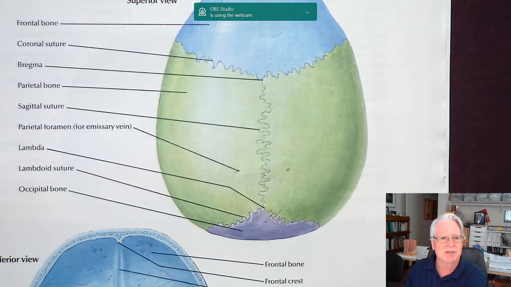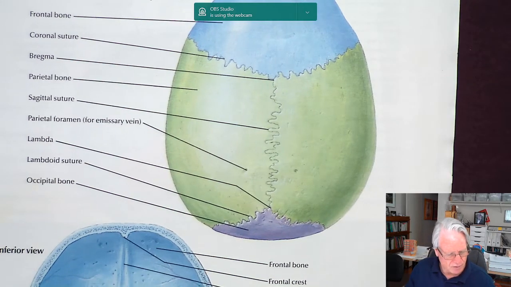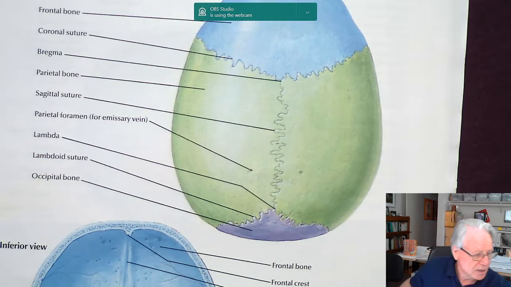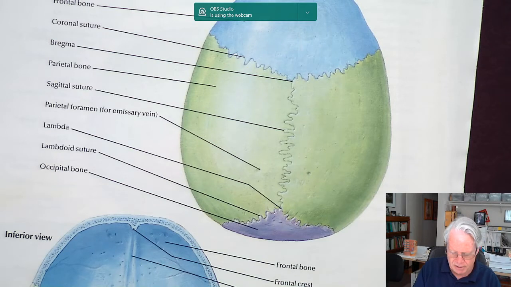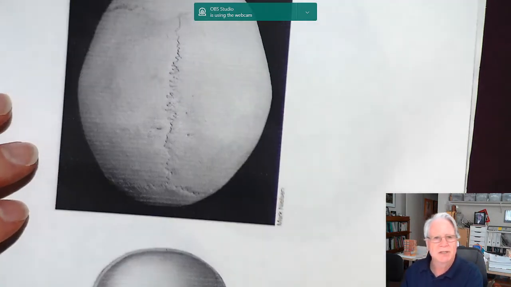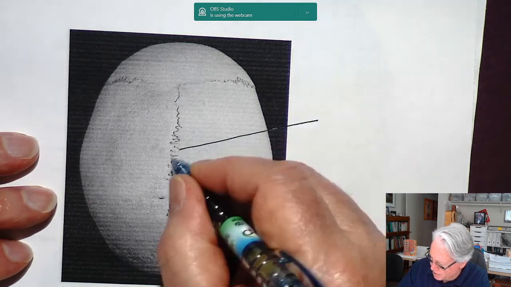That connects the two parietal bones along the top superior surface of the head. So let's go ahead and identify those on our drawings. So page 6, we have this drawing right here. So that is my sagittal suture.